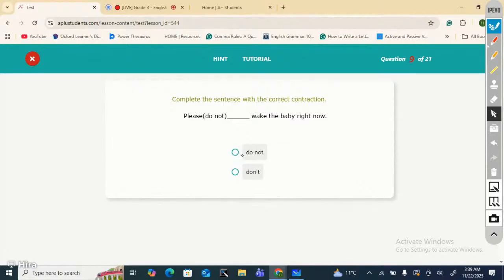Please do not wake the baby right now. Do not. These are the two words now. Select the correct contraction of these two words.